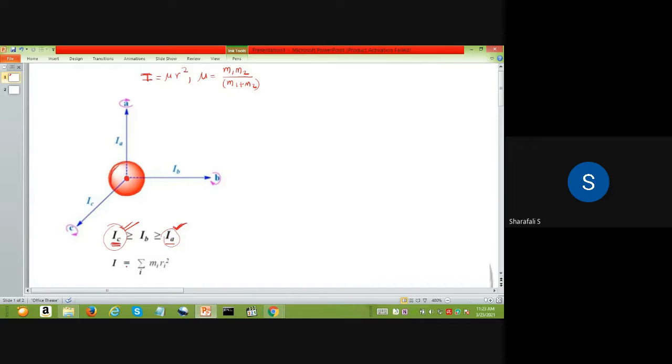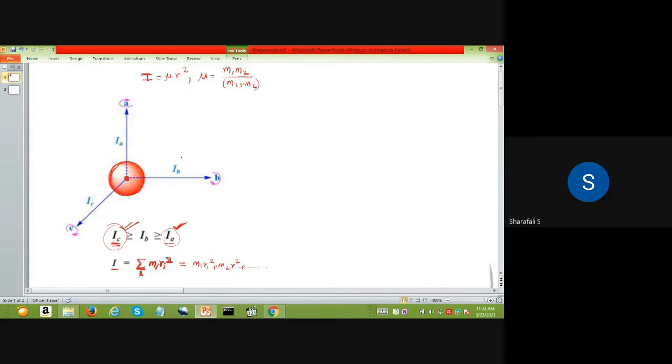And as we discussed, the moment of inertia corresponding to different masses will be given by sigma i mi ri square, which is the equation for moment of inertia. That is m1 r1 square plus m2 r2 square plus etc. So this r is the perpendicular distance to that particular axis.